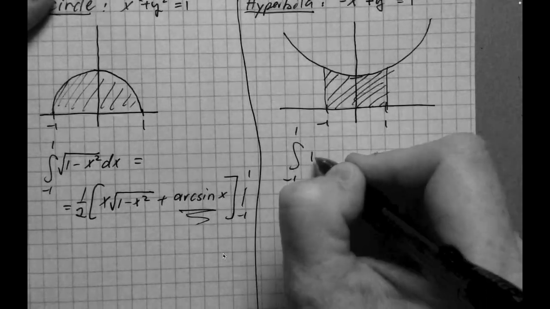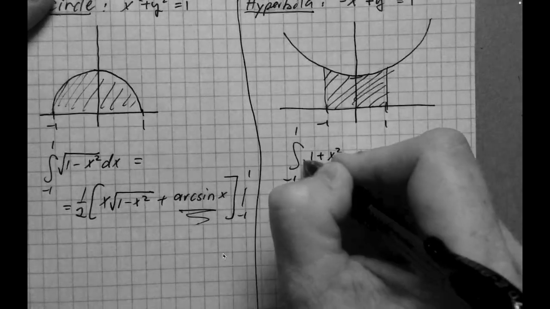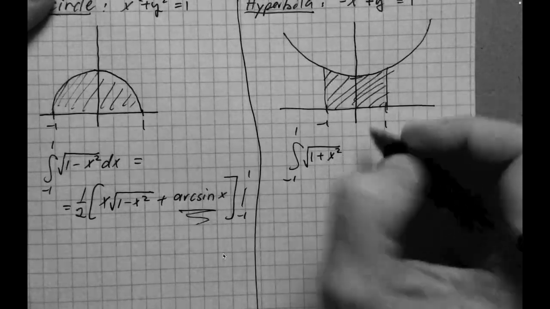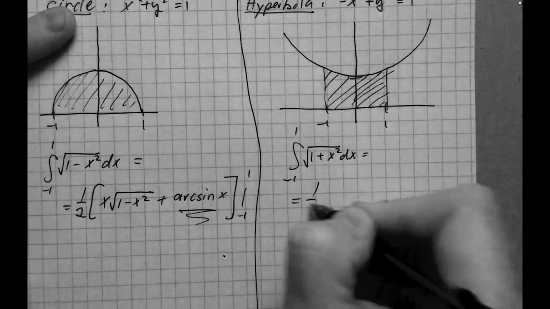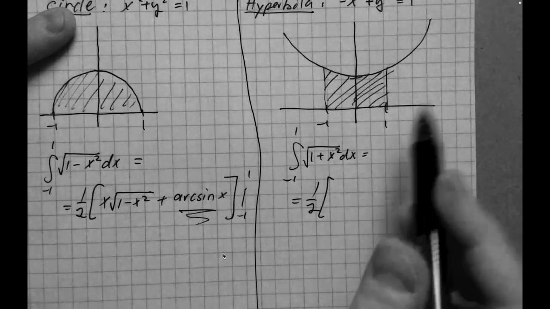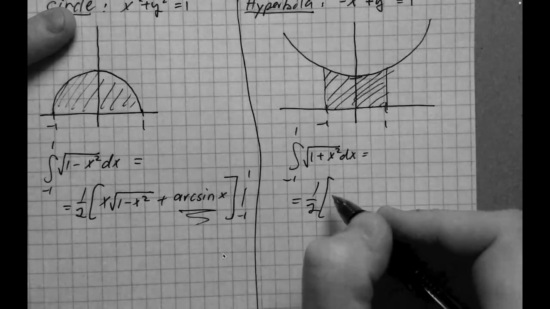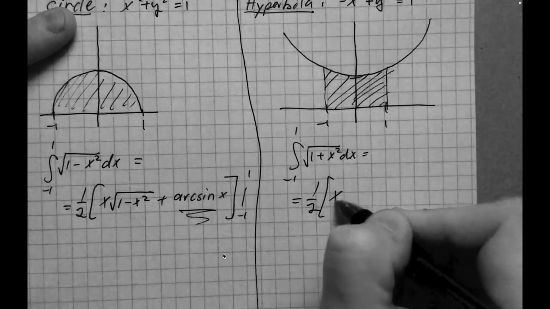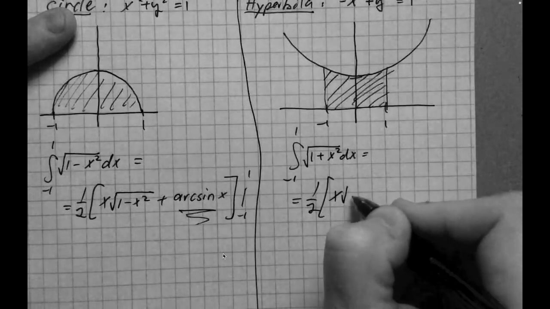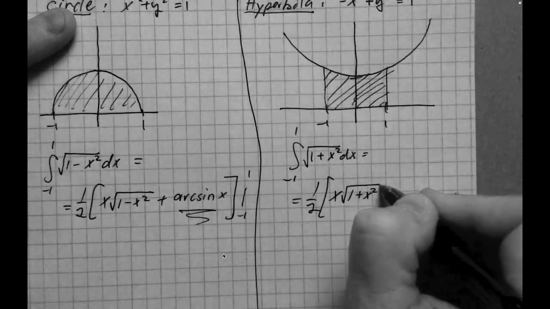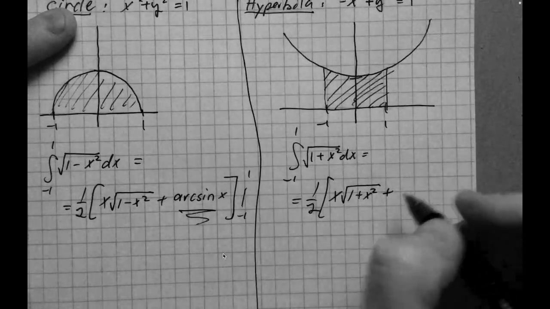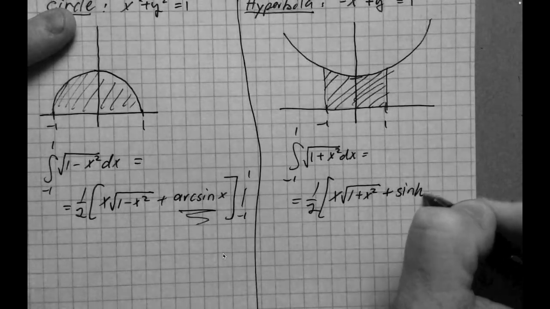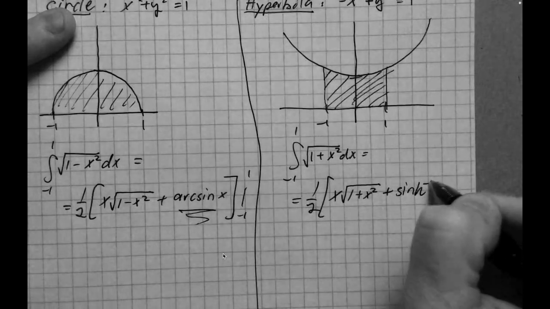And then the integral would be the square root of 1 plus x squared dx. Right? And then again, I'm not going to work it out here, but what you would find is that this is equal to 1/2 times x times the square root of 1 plus x squared. So similar to what we have over here. And then this other piece would be hyperbolic sine. Oh, sorry, the inverse of the hyperbolic sine.